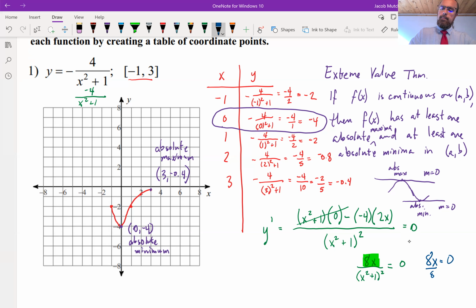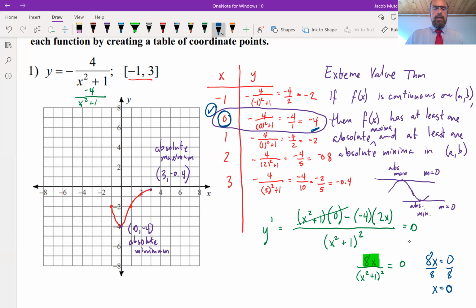I would divide by 8, and I'd see that the function should have a slope of 0 at the x value of 0. And when I go back to my table, that checks out. This x value of 0 is giving the absolute minimum value of -4.